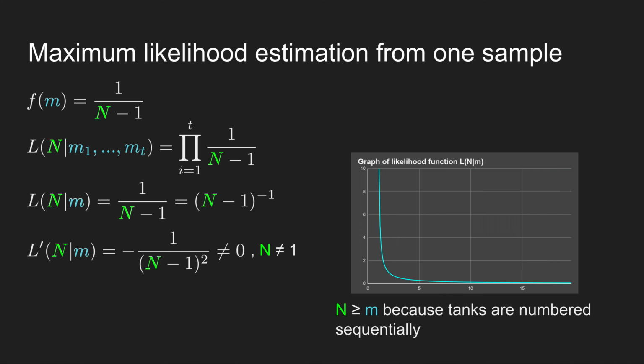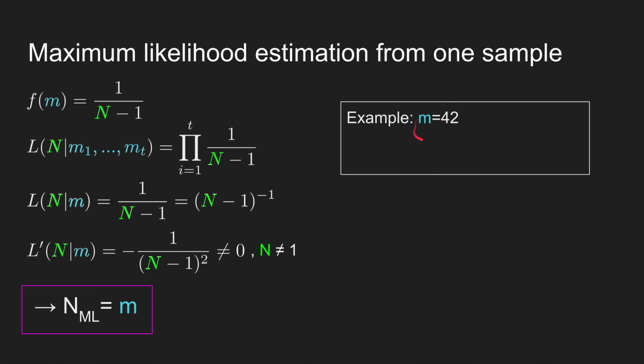So if we find a tank with number m, there have to be at least m tanks. Therefore, the maximum likelihood estimation for n given that we found one serial number m is m. For our example of m equal to 42, our estimate for n would be 42.